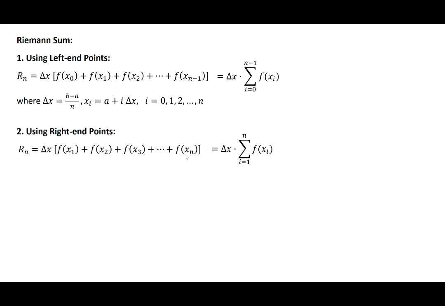And so this gives us delta x times sigma i equals 1 to n f of x sub i, where delta x is b minus a over n. All of that is still the same. Cool. Yeah, this is fine. You can find the Riemann sum.